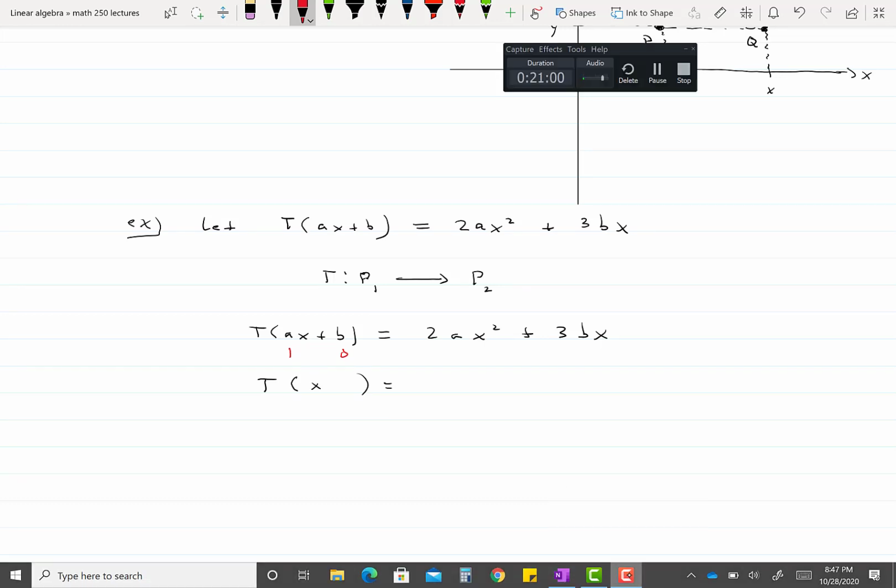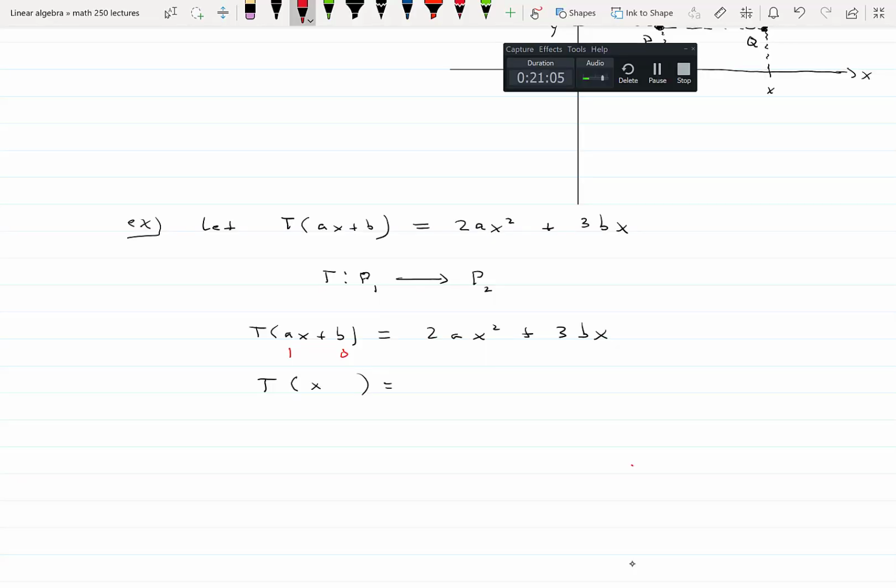I want to make this even more clear. T of x is the same thing as T of 1x plus 0.